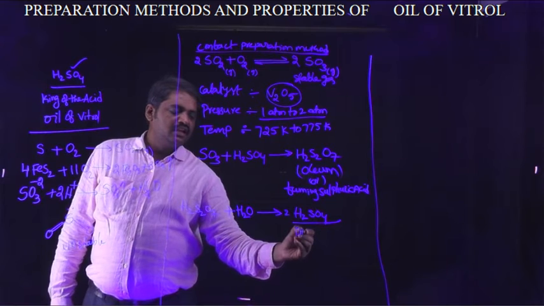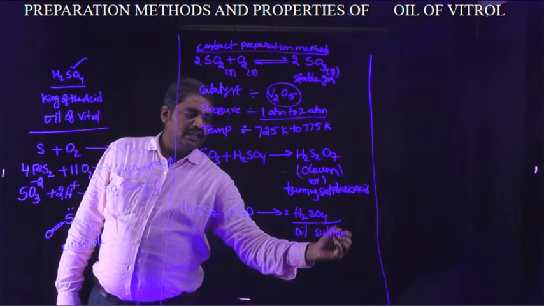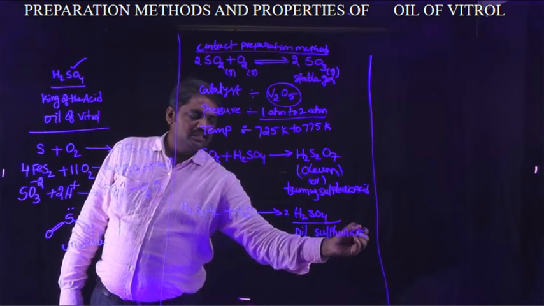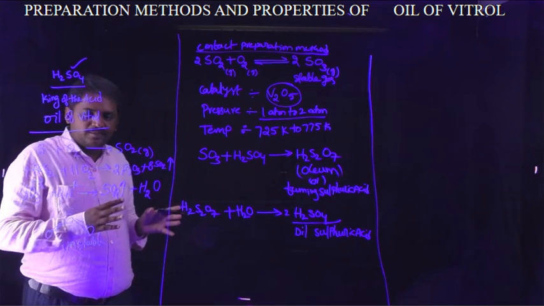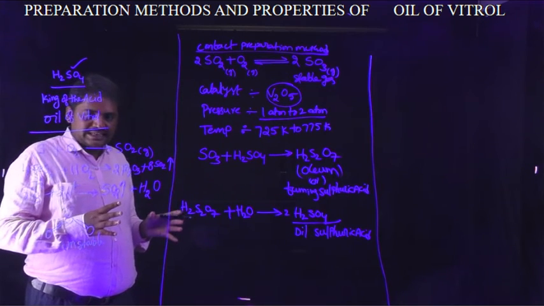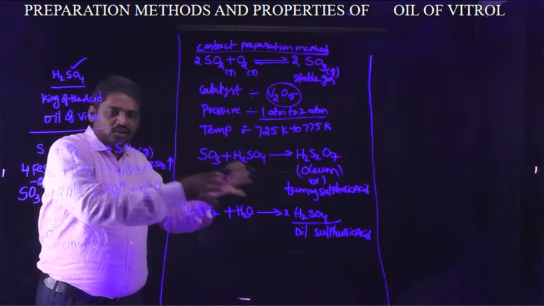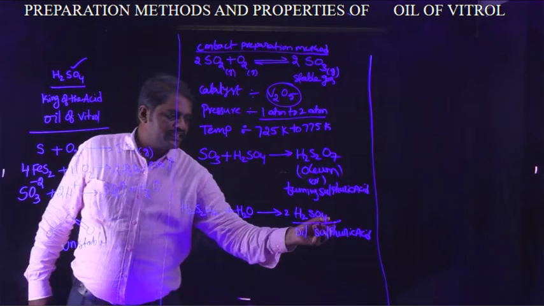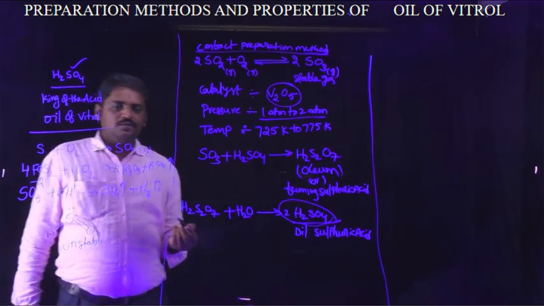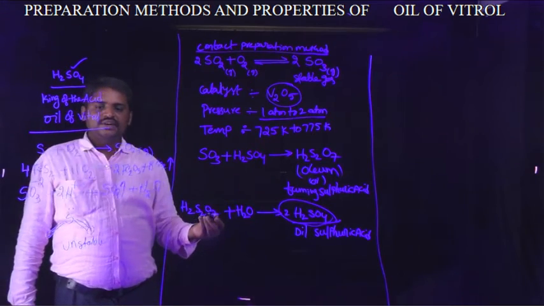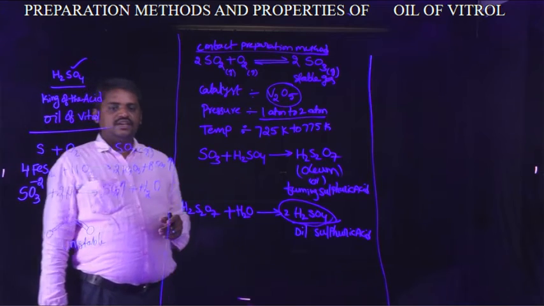This is dilute sulfuric acid, while oleum or fuming sulfuric acid is the concentrated one. So fuming sulfuric acid reacts with water to produce dilute sulfuric acid. This acid's name is oil of vitriol, or sulfuric acid, or king of the acids. This is the preparation method for sulfuric acid.